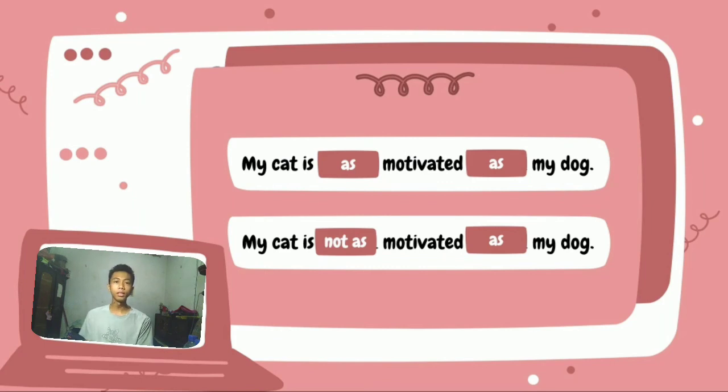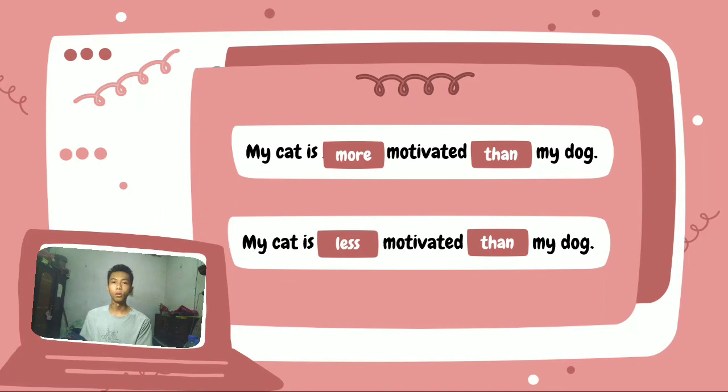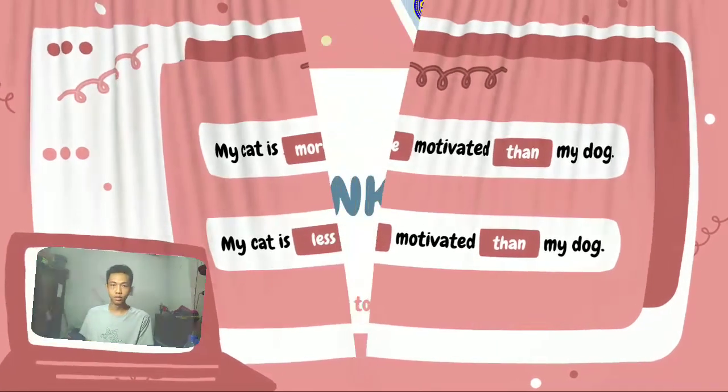And thus becoming, for the higher level, my cat is more motivated than my dog. And for the lower level, my cat is less motivated than my dog. So the answer to that question is actually four types of answer, because it is not clearly stated what kind of comparison the sentence is.